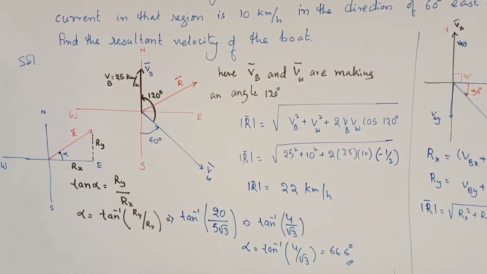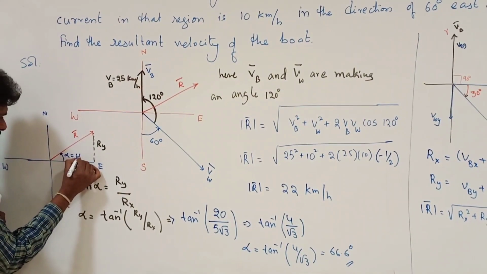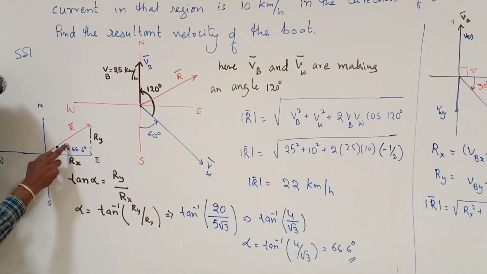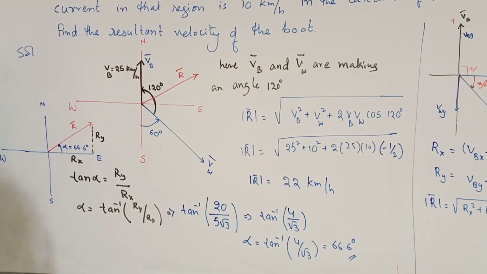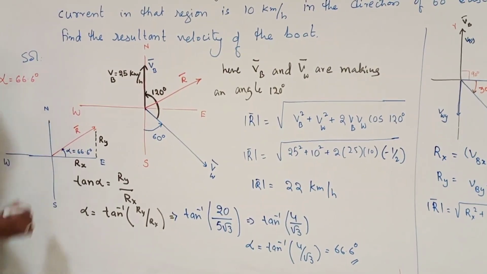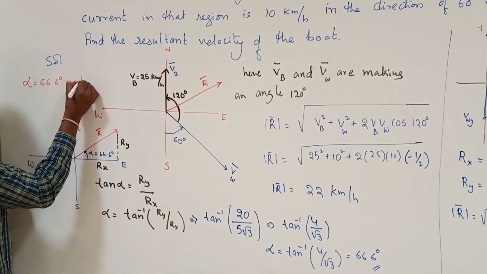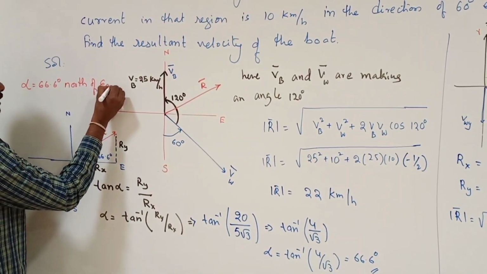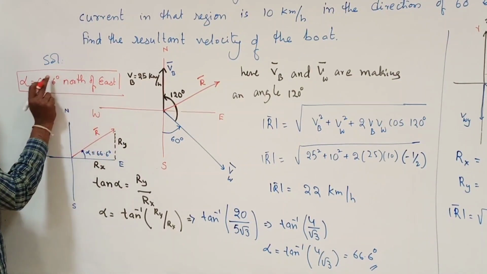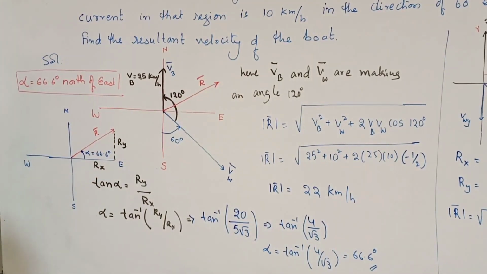Now, how to state the direction here? We write the angle from east. Here alpha is 66.6 degrees north of east. North of east means referring from east towards north at an angle of 66.6 degrees. This is the resultant direction.